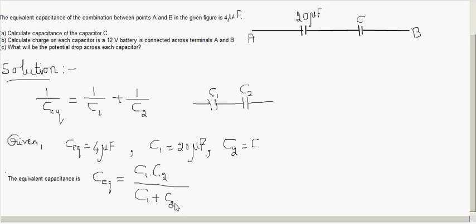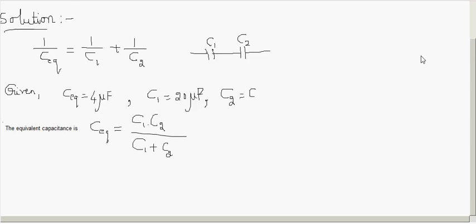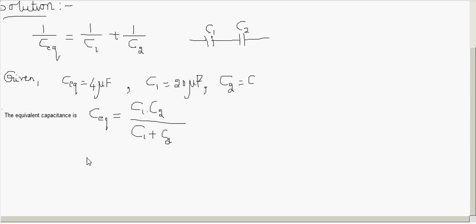So now you substitute these values. C equivalent is 4 microfarad, equal to C1, that is 20 micro, into C divided by 20 micro plus C.